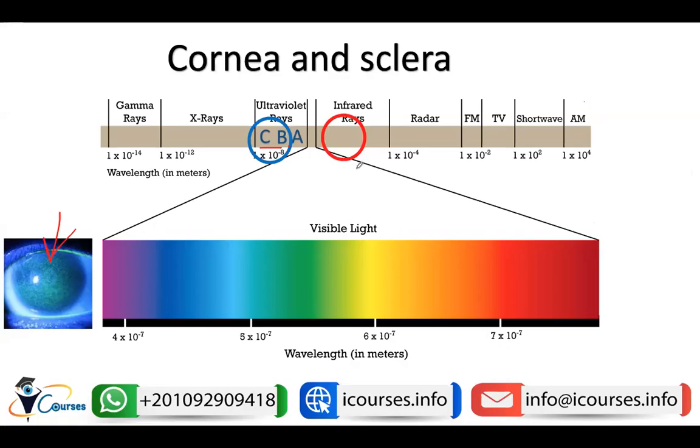Also, the cornea and sclera can absorb the infrared rays C and B as well. As you can see here from the spectrum, as we go alphabetically backward, there is an increase in the wavelength. So A is longer in wavelength than B, and B is longer than C. Again, here A is more than B and B is more than C.